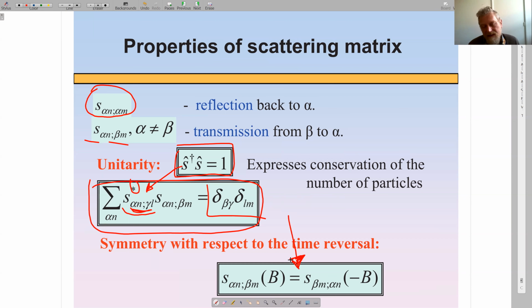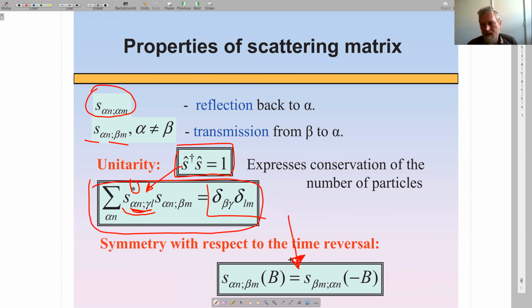You see that indices are permuted on the left and on the right. What does it mean? We start in channel beta M and go to channel alpha N. If you reverse time, we start in channel alpha N and go to channel beta M.